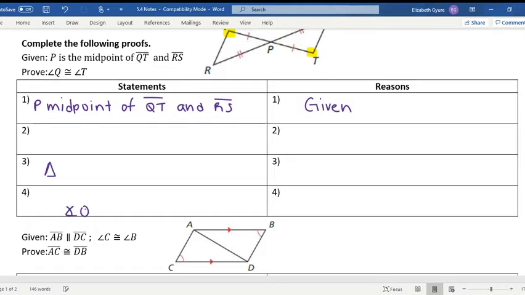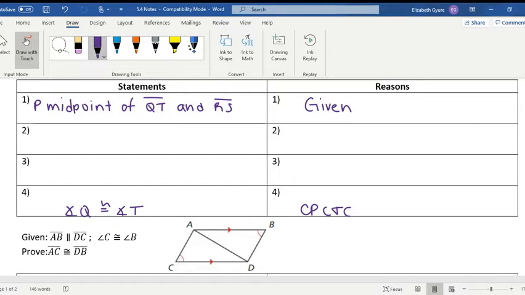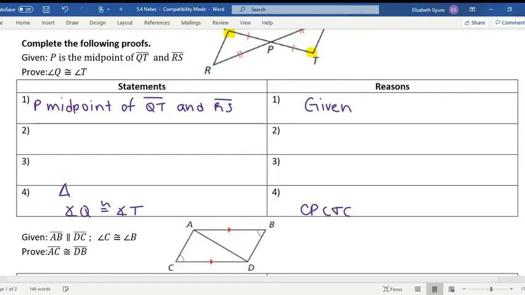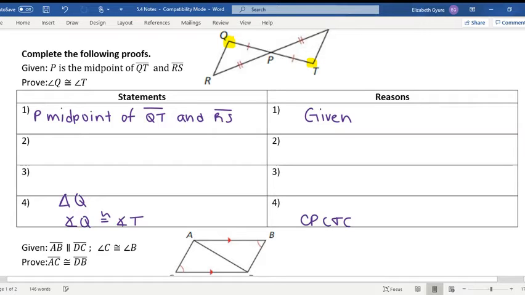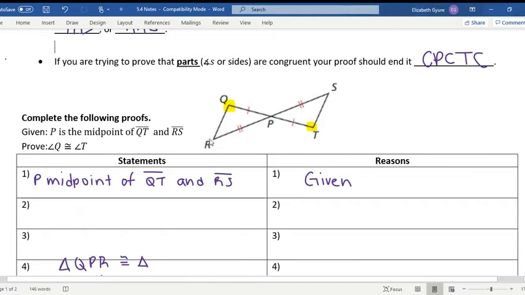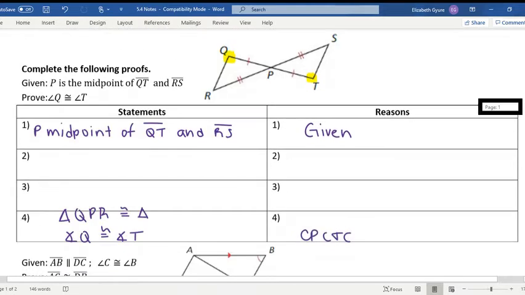So angle Q is congruent to angle T. That's CPCTC. And right above it, I'm going to need to prove that the two triangles are congruent, because for that to work, I have to have congruent triangles. So I'm going to say that triangle QPR is congruent to triangle, and remember, if I name the one QPR, I have to match up my information.